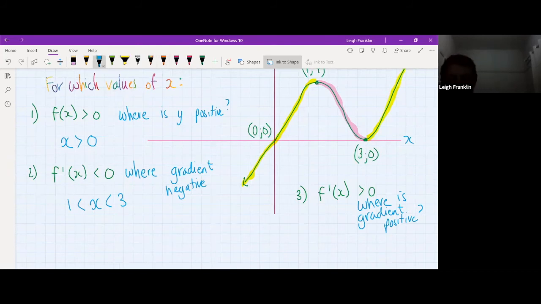It is positive when x is smaller than 0 or where x is greater than 3. Does that make sense? The yellow parts represent where we are walking uphill. It doesn't matter if we are above or below the x-axis because they're not asking us about output, they're asking us about gradient.